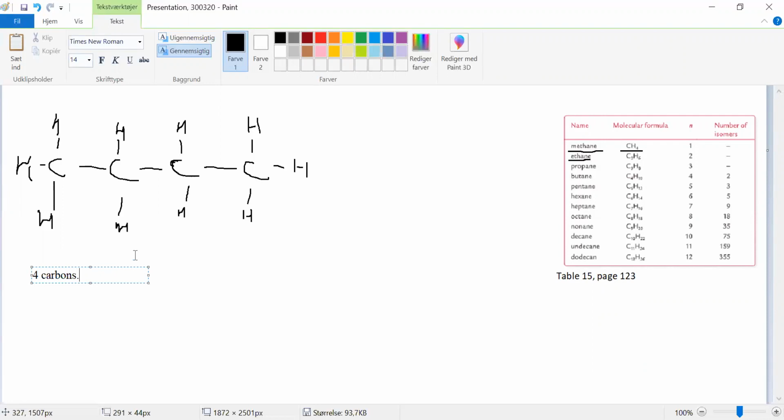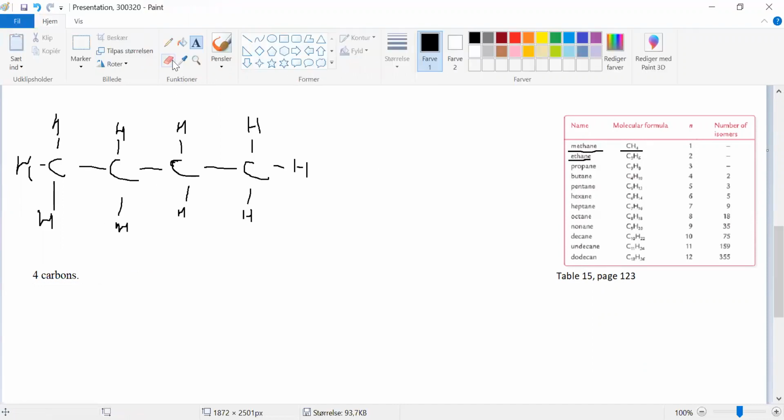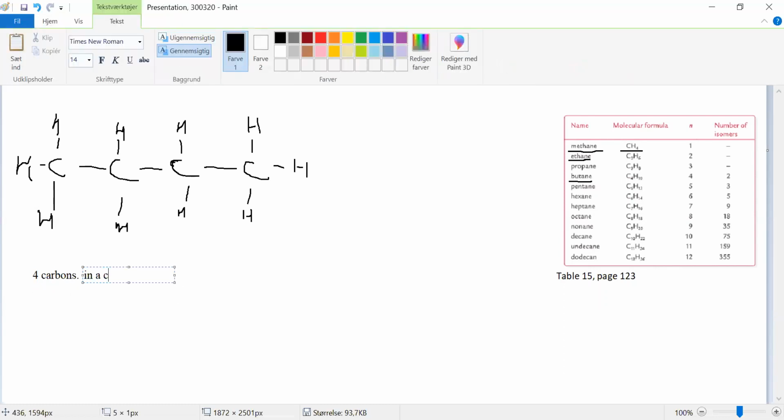So we can see that when there is 4 carbons, we would name the molecule butane. So this molecule here, when it contains 4 carbons in a single chain, it's butane. So it must be the molecule butane.